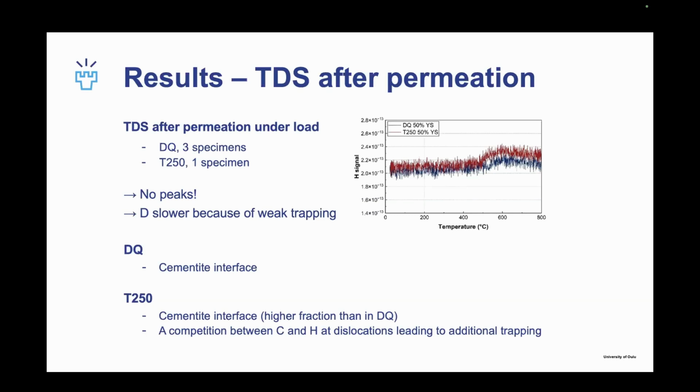A potential trapping site in this case could be the cementite interface, which is being activated under load. This would make sense because with 250, we also have a higher fraction of cementite, which would explain why it decreases more than DQ. And perhaps there could also be a competition between carbon and hydrogen at dislocations, which could lead to additional trapping under load.